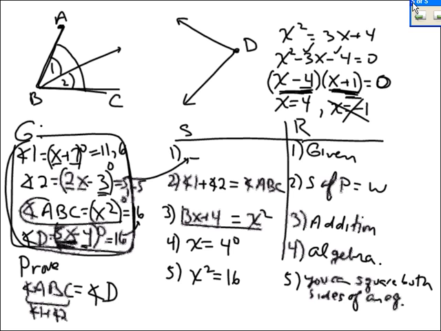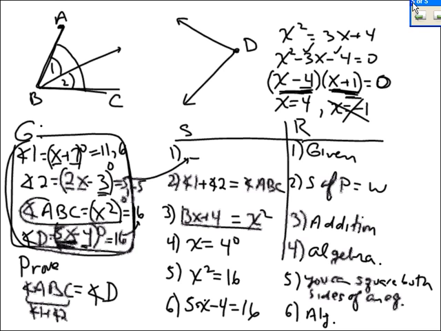Okay. Now, somewhere in statement 1, we said that, okay, number 6. 5x minus 4 is 16. And this is algebra. 5 times 4 is 20, minus 4 is 16.